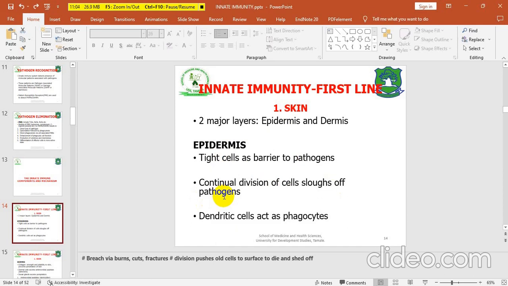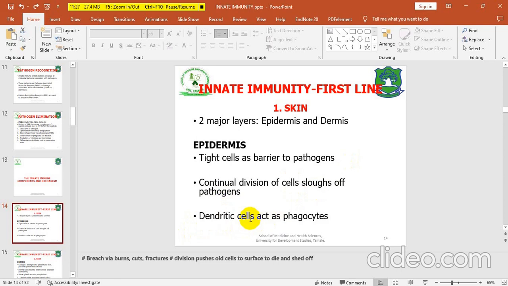When the cells of the skin divide through mitosis, they will be washed away, or broken, destroyed, or released. So they will be sloughed off the skin. Dendritic cells act as phagocytes, like I explained phagocytosis.